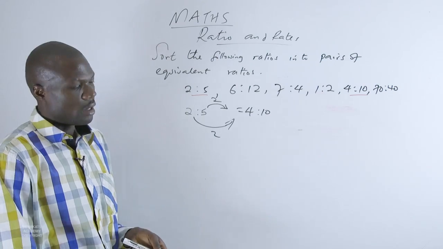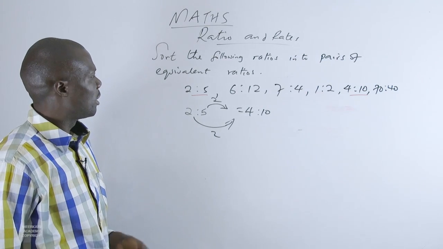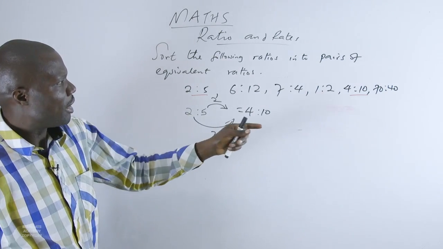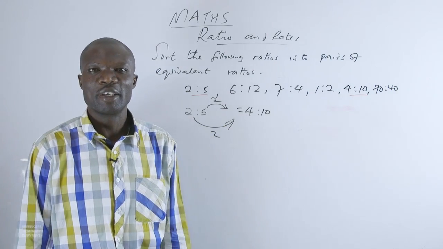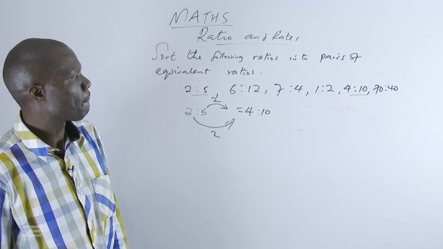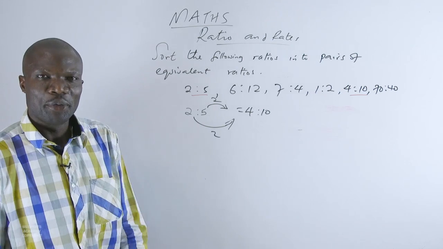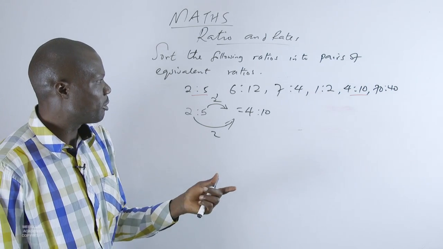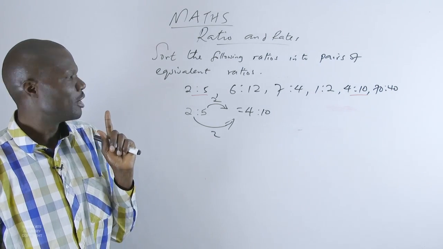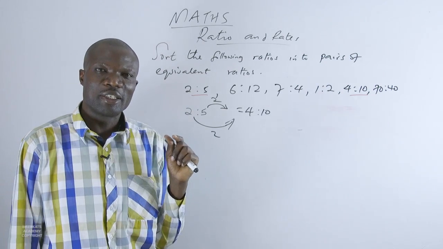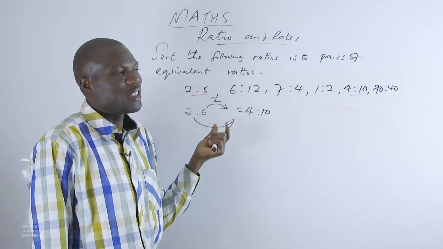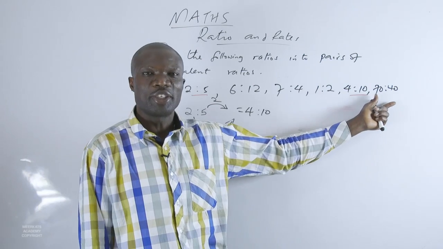Now let us look at 2 to 5 and 7 to 40. We put it off right away simply because the first number here is smaller, unlike this ratio.